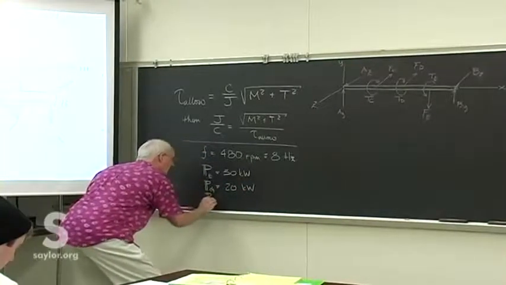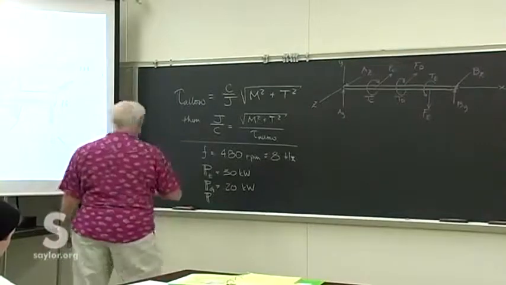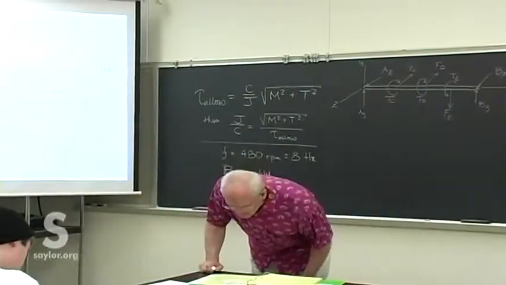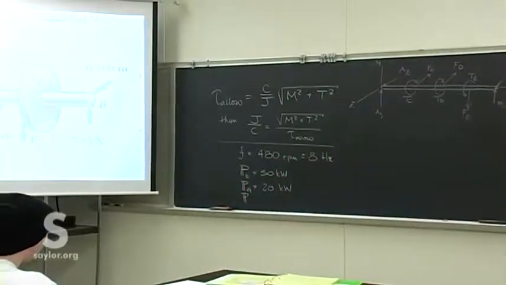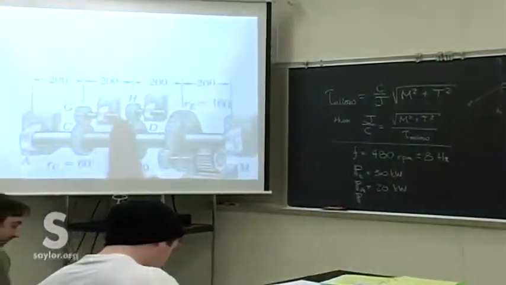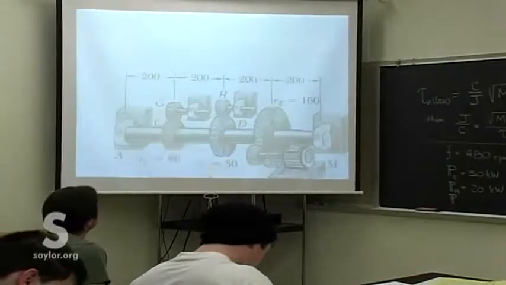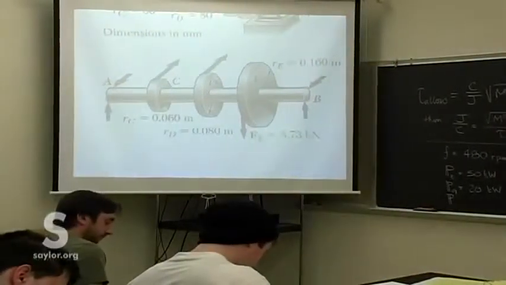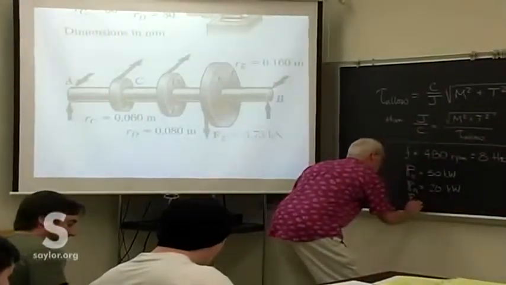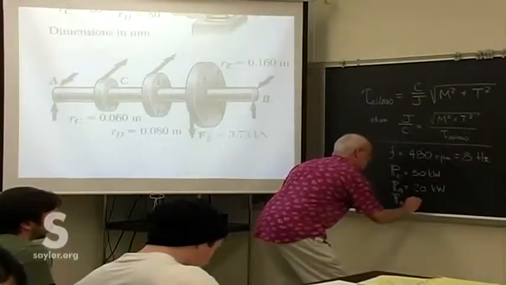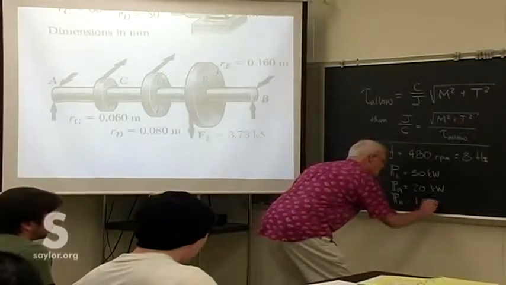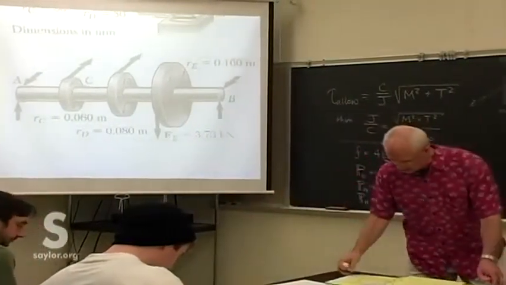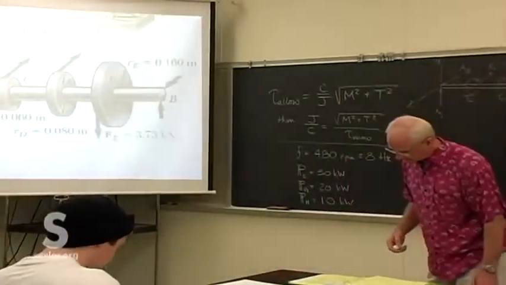So that kind of balances. That's the power takeoff here at H and at G. So 30 kilowatts coming in on the motor, and we're using it all. We're assuming no losses in that way.